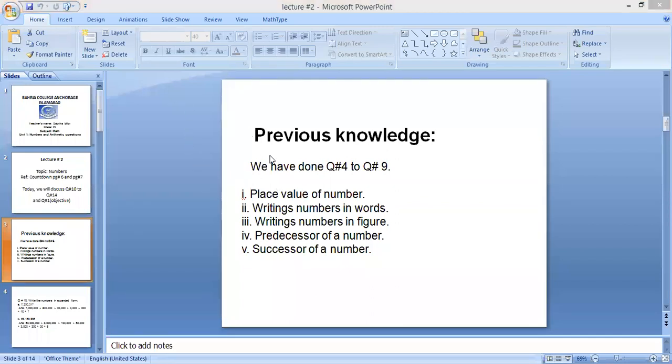The second thing you have learned is writing numbers in words. When the given question is in figures, you can write the number in words. And the third one is writing numbers in figures. When the given number is in words, you can write the numbers in figures. Now you are able to write the numbers in figures.